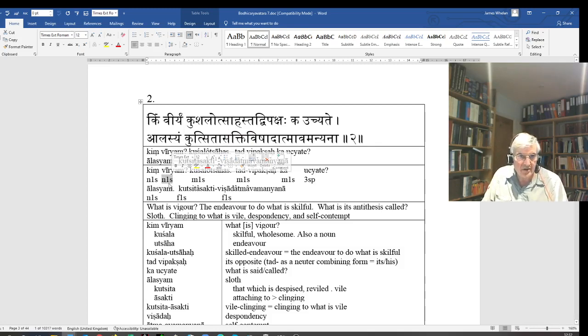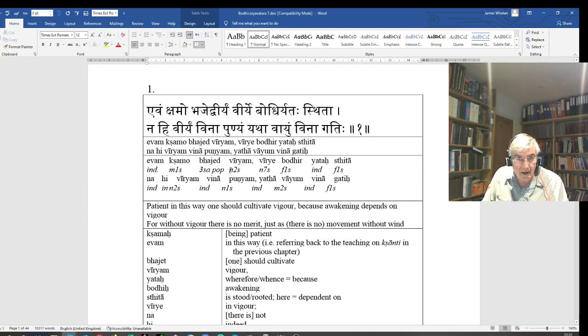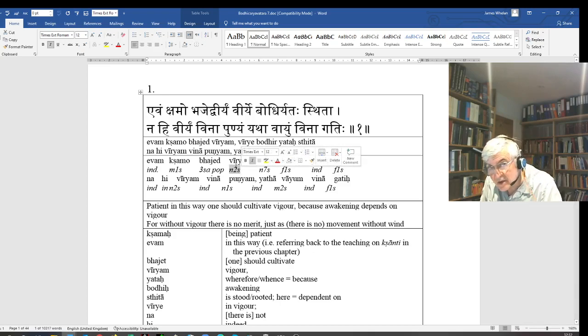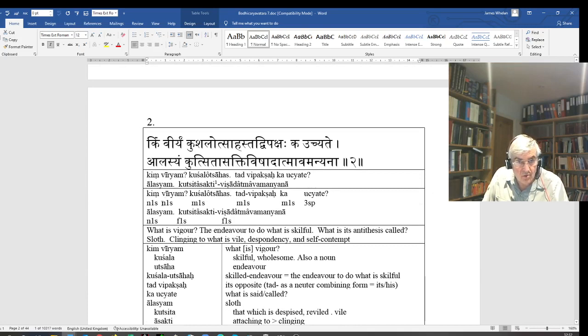So it's the first case, the nominative, simply because in this particular position it is a nominative. So there we are. Don't be thrown by that. So N2S, virya is also a 1. Yes, it is also a 1, but here in this verse it's in the accusative, just as here in verse 2 it's in the nominative.